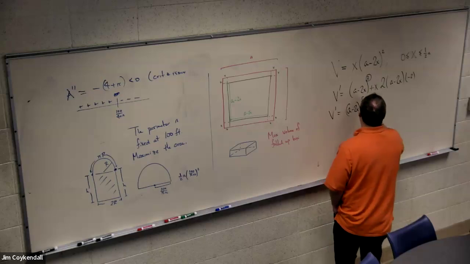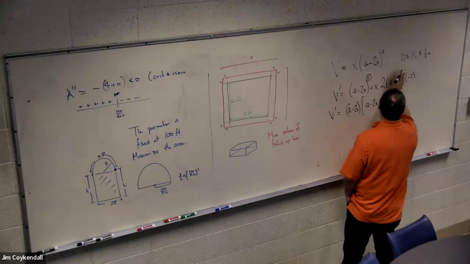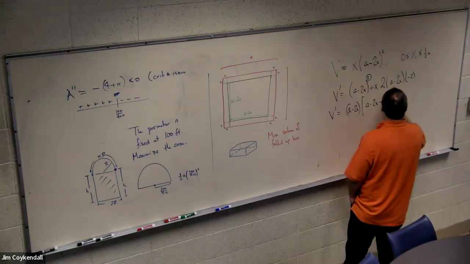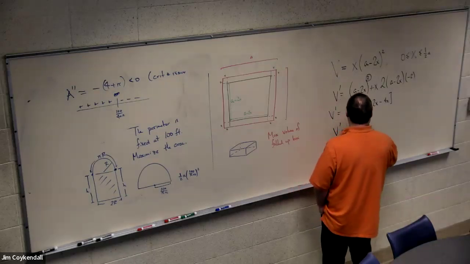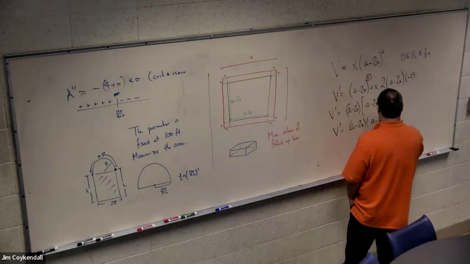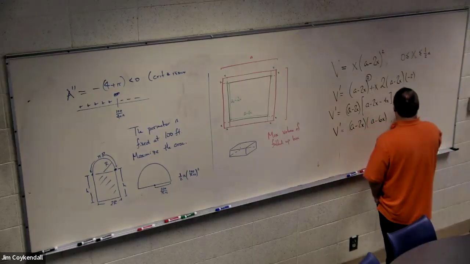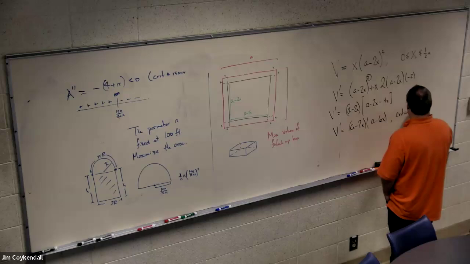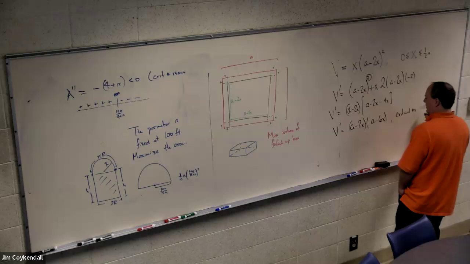And this leaves me with a single A minus 2x, and I guess that's minus 4x. So I get V prime equals A minus 2x times A minus 6x. I get two critical numbers: x equals 1/2 A and x equals 1/6 A.